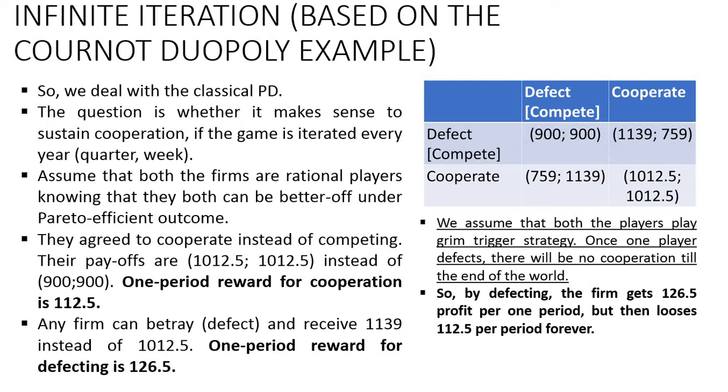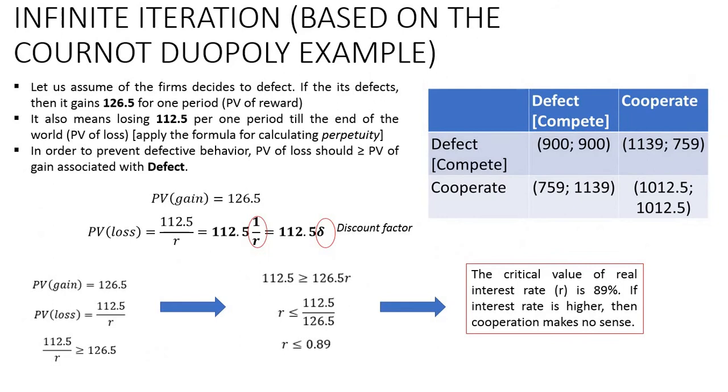Okay, more details here. So, let's say the first firm decides to defect. If the first firm defects, then it will gain 126.5 per one period.